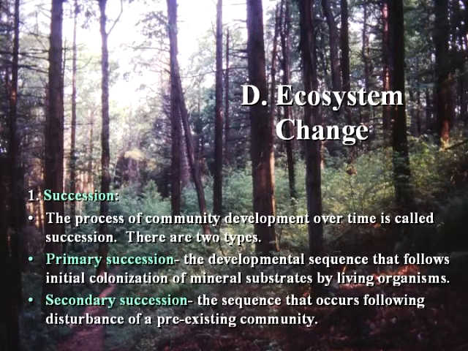Secondary succession is succession that occurs after some sort of disturbance, be it storms or fires or insect damage or a whole host of other kinds of things, including human disturbance. Then a plant community starts to recover from that disturbance by being colonized by certain species that are capable of tolerating these new conditions.